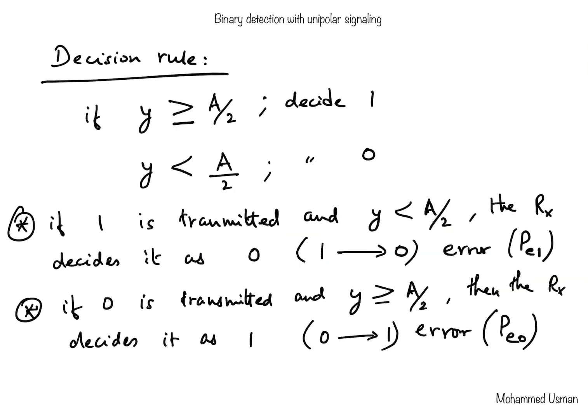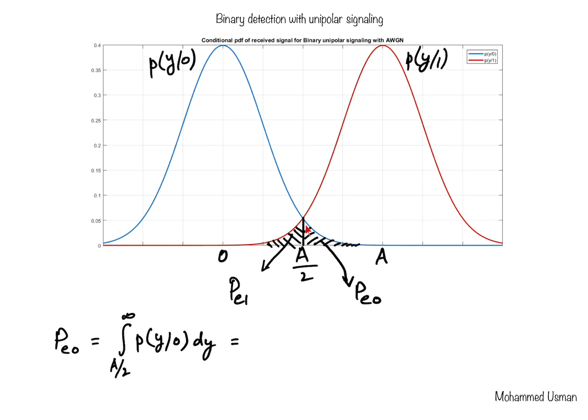So coming back to our analysis here, our cutoff point is a by 2, and this blue PDF is indeed centered on 0. So for the area under the blue PDF to the right of a by 2, it is simply Q of a by 2 sigma. So instead of V, we have a by 2. So that's the error probability when 0 is transmitted, which is PE0.